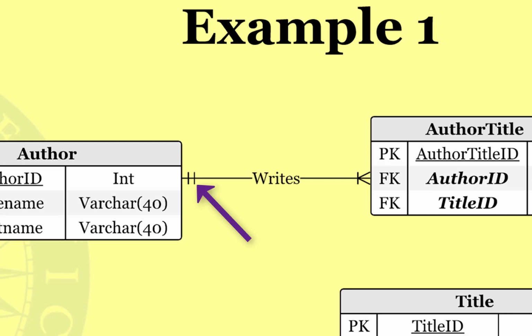So we have a double bar. That's the one end. At the other end, there must be at least a title. So at the other end of the many here, the writes relationship, there must be another bar. There must be a title, because otherwise we couldn't have author-title.